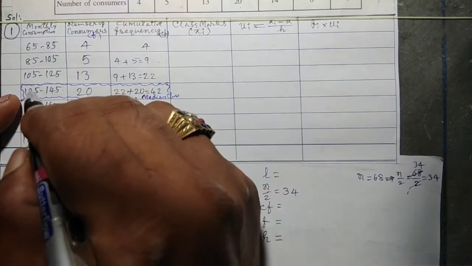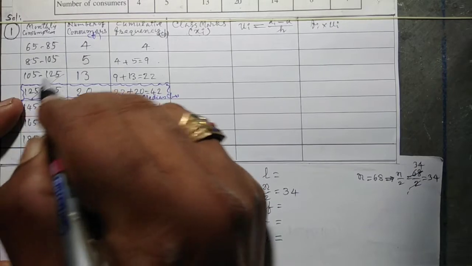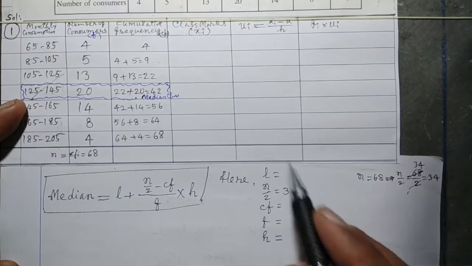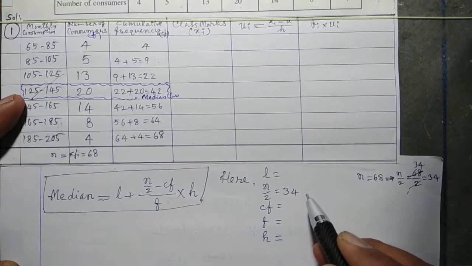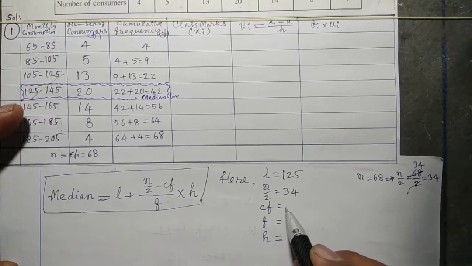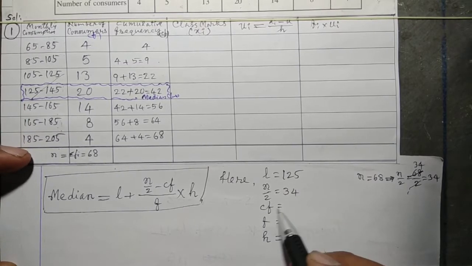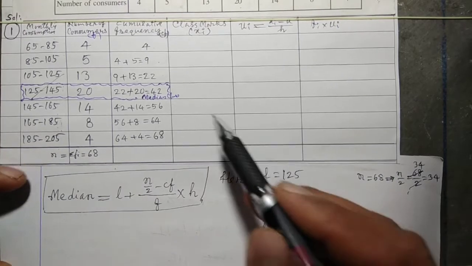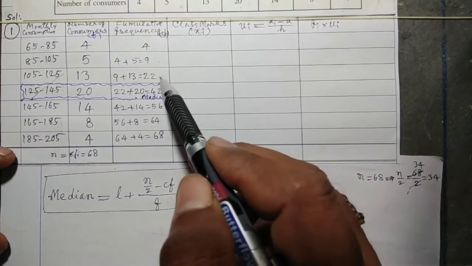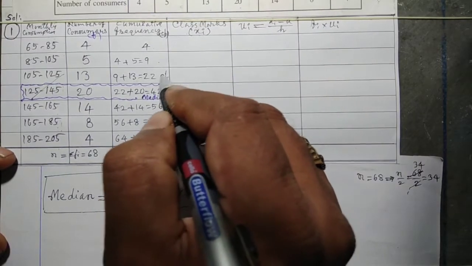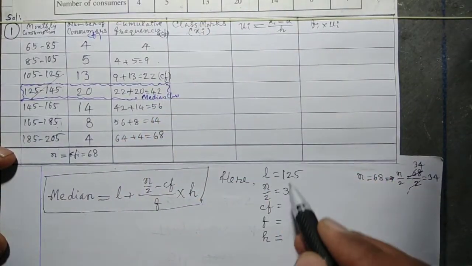L, lower boundary of the median class, is 125. Cumulative frequency Cf is the cumulative frequency of the class preceding the median class, so 22.